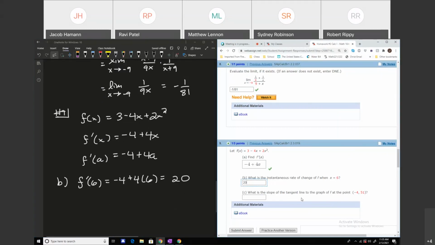Well, when you have the derivative, that's giving you the slope when you plug in the x value. So for part C, you just need to plug in that x value, negative 4. So f prime of negative 4 is minus 4 plus 4 times minus 4. So that's negative 16 and minus 4, negative 20.